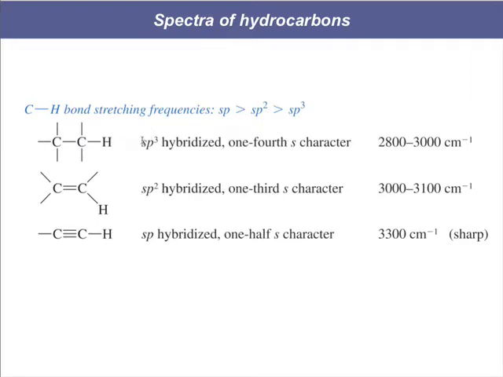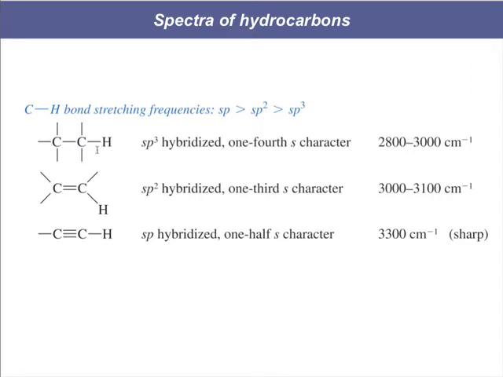And as we go from sp3 to sp2 to sp, we increase S character, decreasing P character, which means that these bonds get shorter. We saw that when we looked at our alkene and alkyne chapters, that the carbon-hydrogen bonds get shorter as we increase S character. That means that their vibrations are going to get faster. Again, imagine a long floppy spring versus a short tight spring. As we increase S character, these bonds get shorter and tighter, and so their frequencies vibrate faster as well.